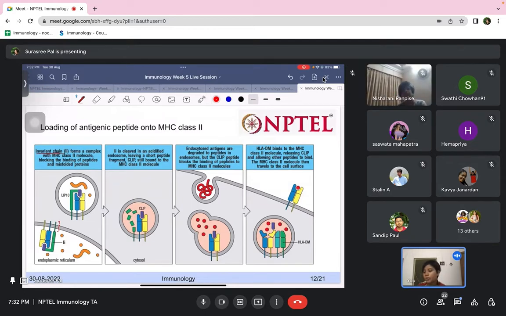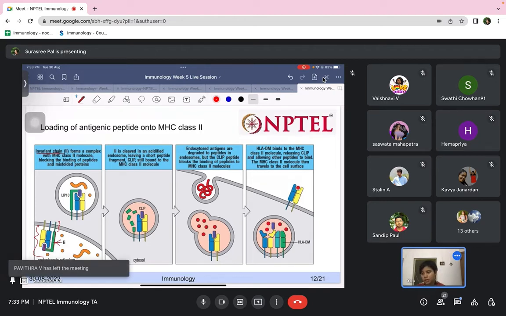When the MHC class 2 molecule is being produced in the endoplasmic reticulum, this invariant chain remains bound to the class 2 molecule, and it prevents the MHC class 2 molecule from binding to any peptides, or any misfolded proteins.